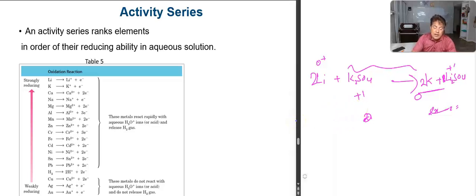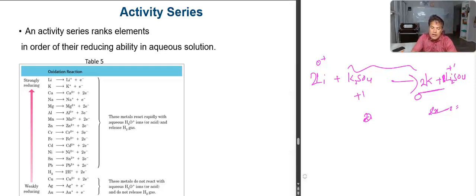So lithium can reduce all. Look at that. Copper, silver, gold, they are weakly reducing. As you go up, they are strongly reducing. These metals react rapidly with the aqueous H3O+ ions. Which ones? Lithium to lead, as given here.